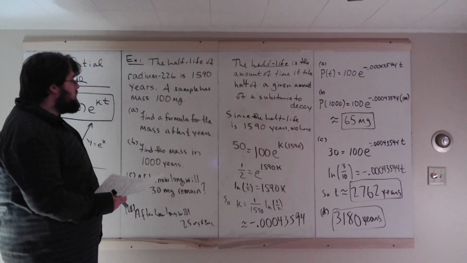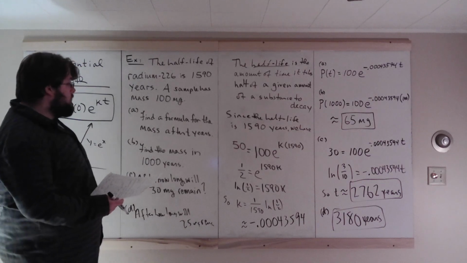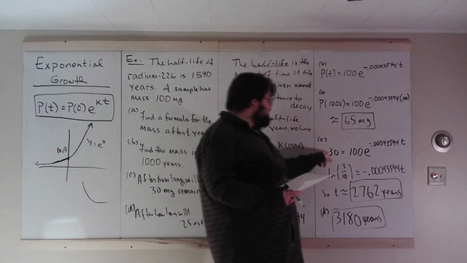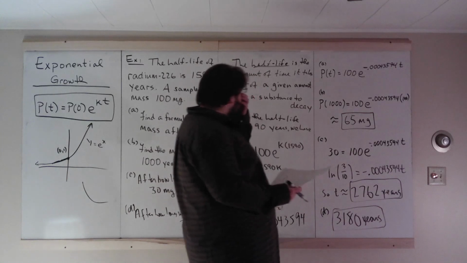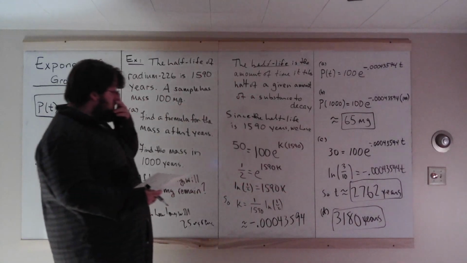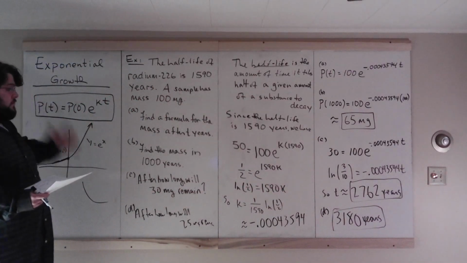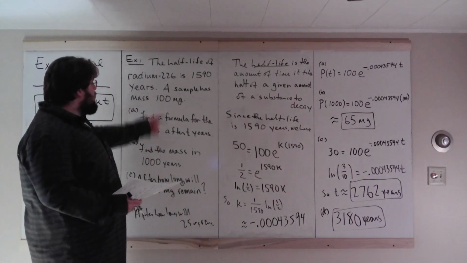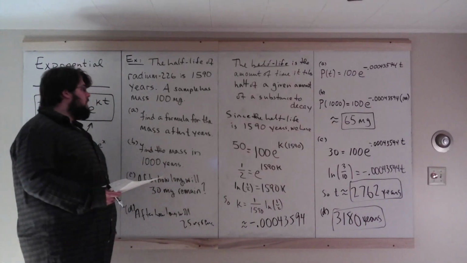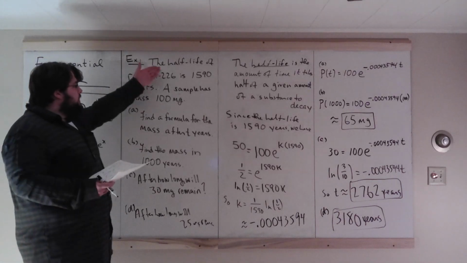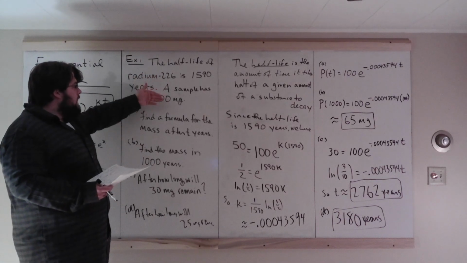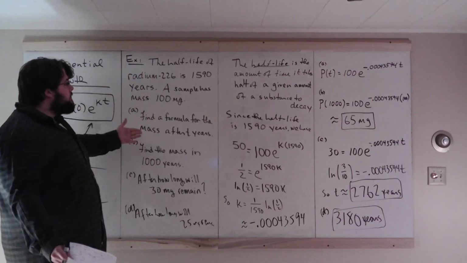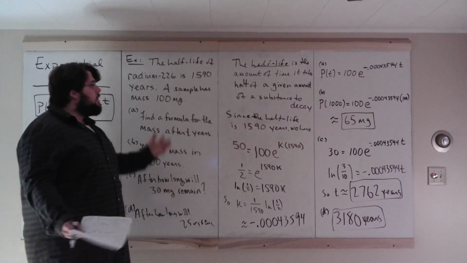Well, I did not substitute 25 here and go from there. That is not what I did. How did I do that? Well, we start with 100 milligrams. In 1,590 years, 50 are left. In another 1,590 years, 25 are left.